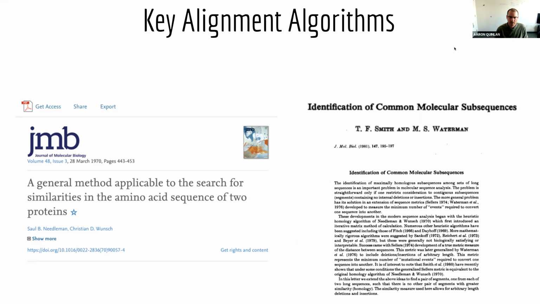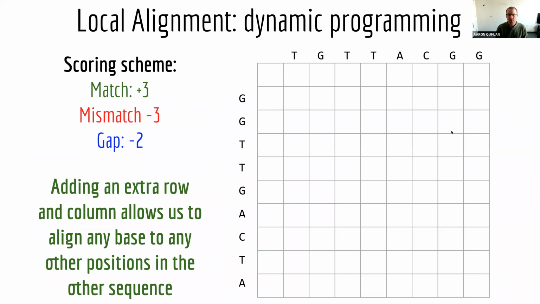We're going to focus on the Smith-Waterman alignment approach today and explain how it works. Okay, because this is the more widely used approach for aligning short DNA sequences in the context of RNA-seq and ChIP-seq and DNA sequencing.